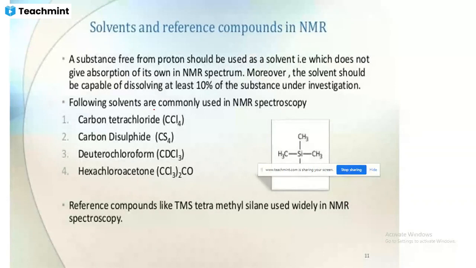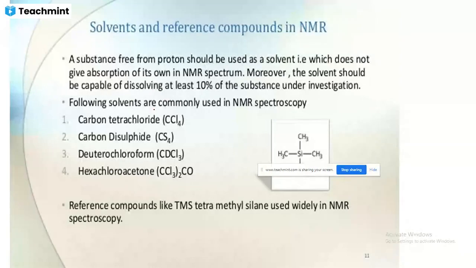So the sample can be recovered by the evaporation of the TMS, and it is miscible with most of the organic solvents, and it is symmetrical, and all the 12 equivalent protons give rise to only one strong signal. That is the reason behind that.